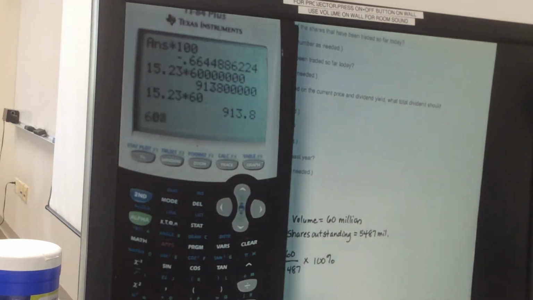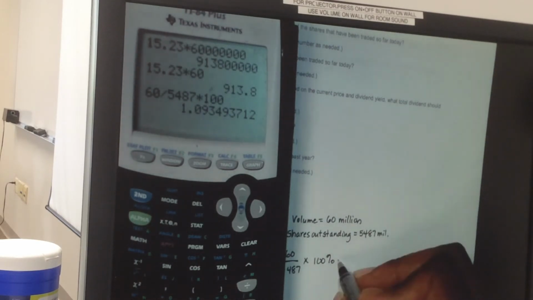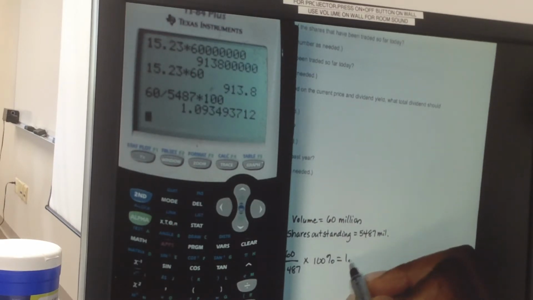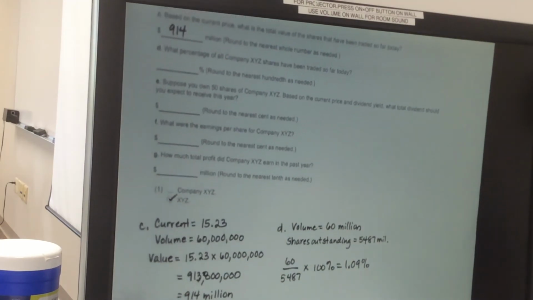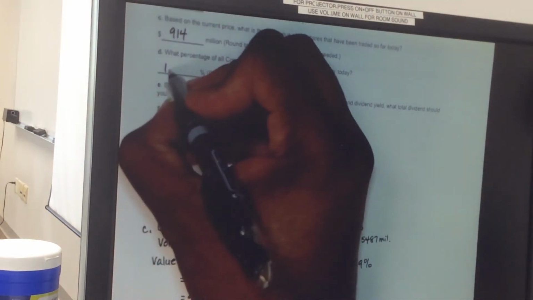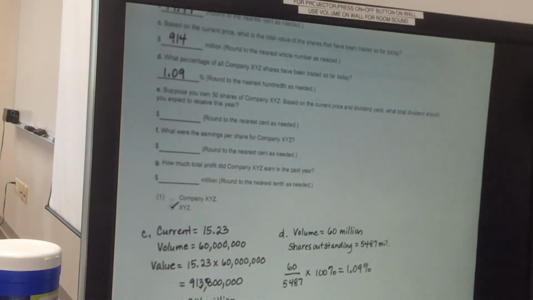So 60 divided by 5,487 times 100 will give me 1.09, rounded off to the nearest hundredth as they asked for, percent. So in this case, this will be 1.09%.